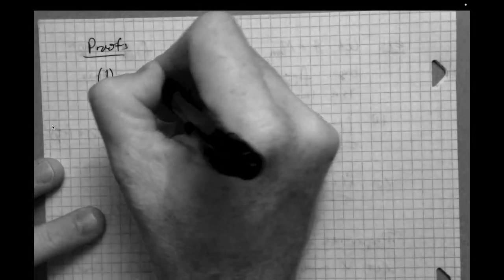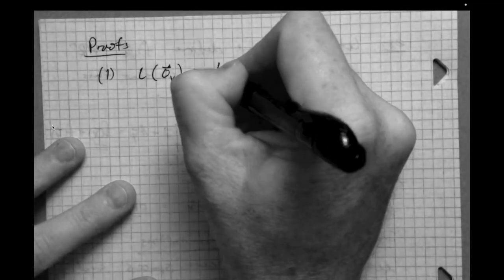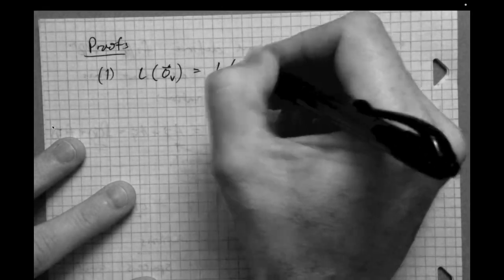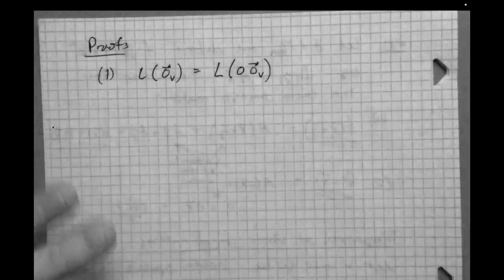We'll prove 1 and 2. 3 I'll leave to you because I think it's really straightforward. But 1 and 2 are actually relatively straightforward as well. So if we apply L to the zero vector in V, then that's equal to L of the scalar 0 times the zero vector in V, right?